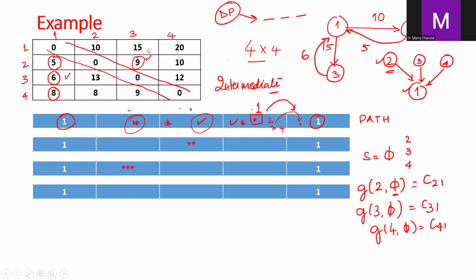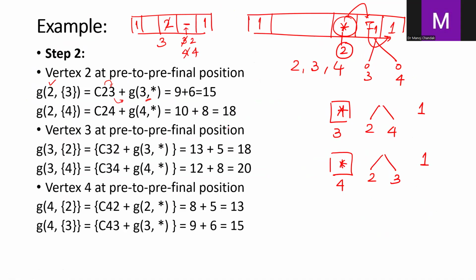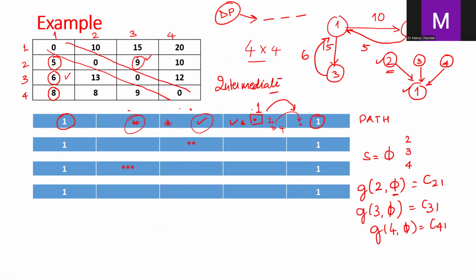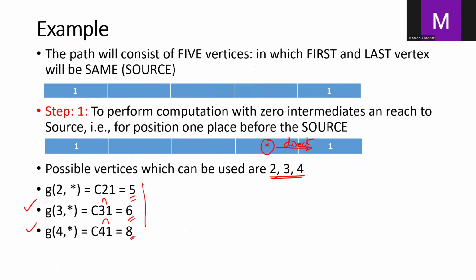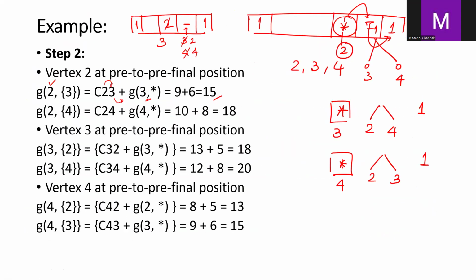So these two will contribute a total value of 15. Similarly, if I want to travel from 2, then 4, and then 1, then I can use 2 to 4, that is 10, and 4 to 1, that is 8. So this will generate value 18.